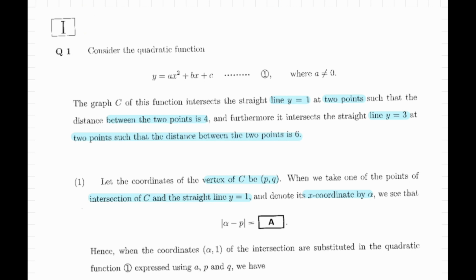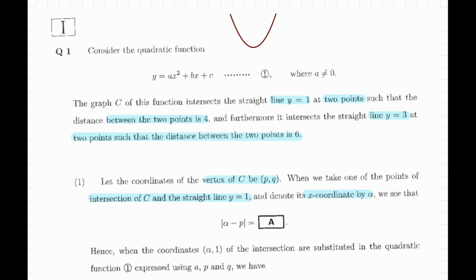Assume I have a quadratic function. If you draw it, you will obtain a parabola, something like this. I do not know the position of the parabola, and I do not know whether it opens upward like this or downward. But it doesn't make any difference.